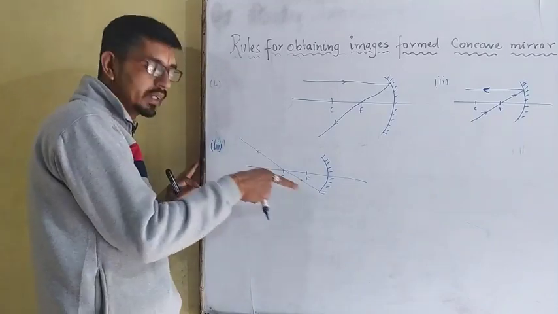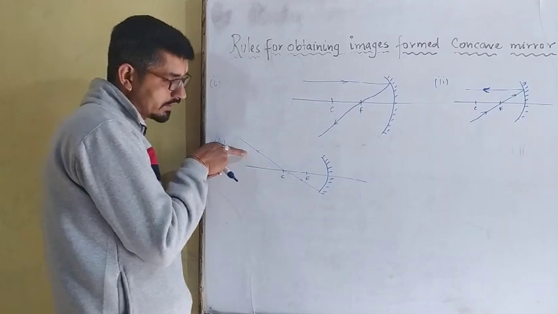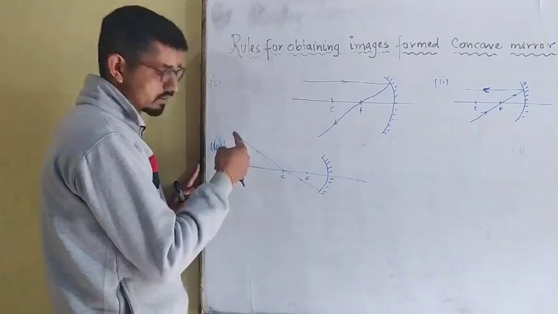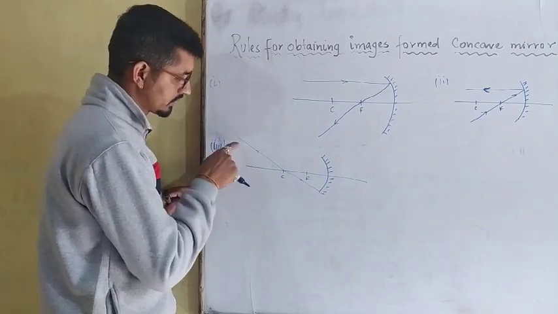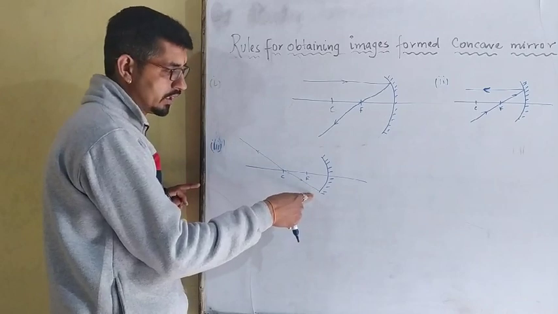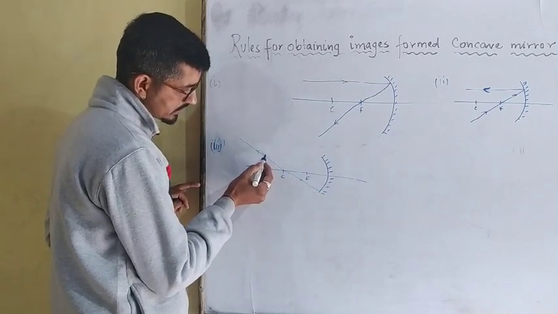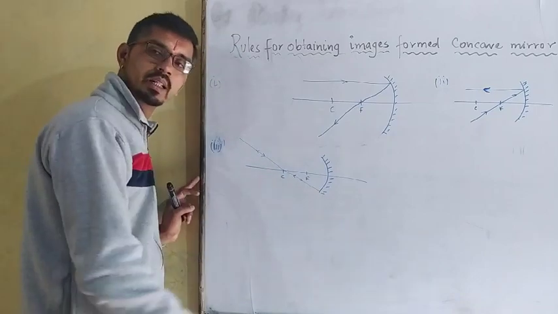That is, no change will be there. No change will be there. It will come from the center of curvature. After reflection, it passes through the center of curvature. That means if it comes like this, it will go like this.